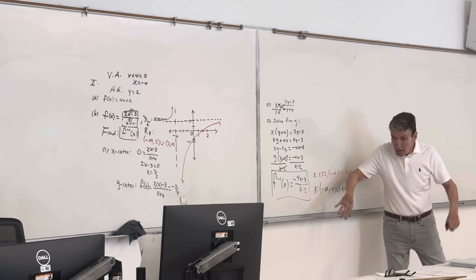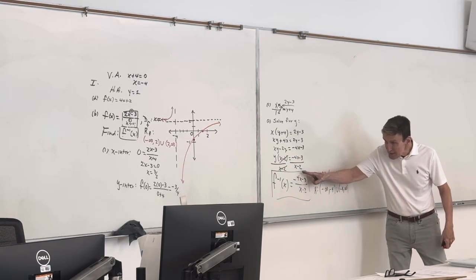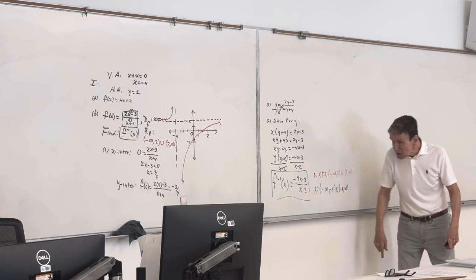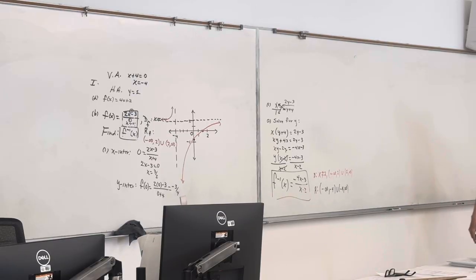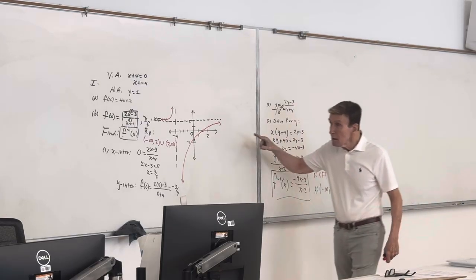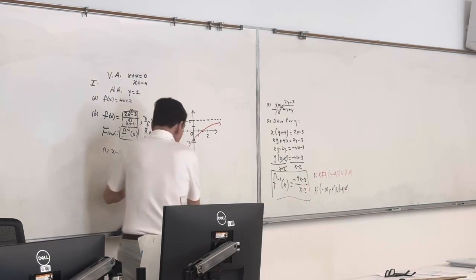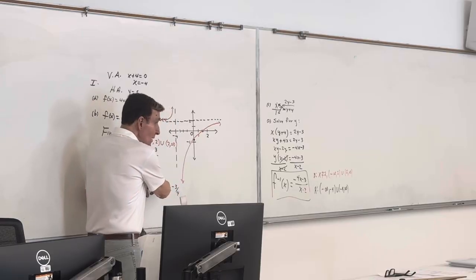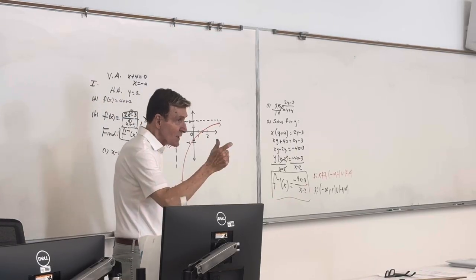Replacing x by 0. Is it negative 3 over a negative 2? Positive 3 halves? Now that's the y-intercept, 3 halves. That was the x-intercept over here. They interchange.